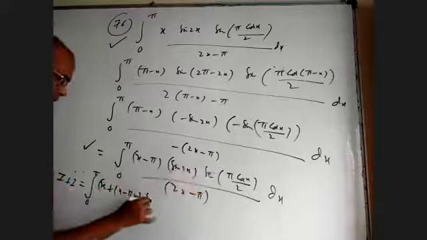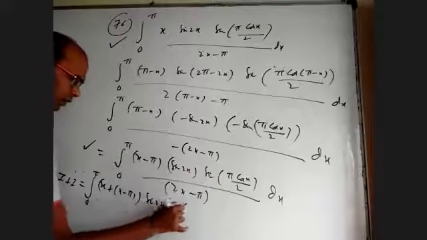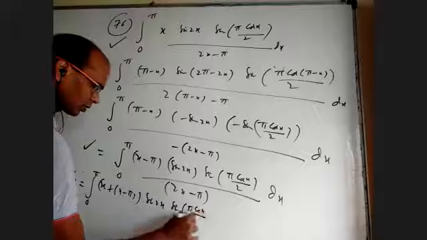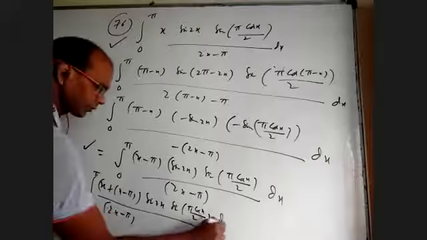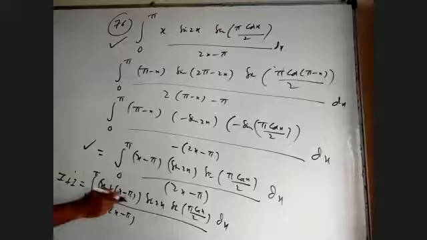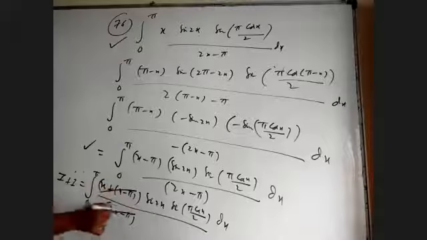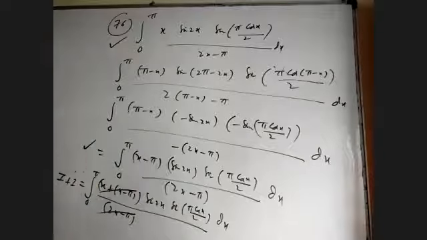This part is common, sine 2x, sine pi cos x by 2 by 2x minus pi dx. You can see this also 2x minus pi, this also 2x minus pi can cancel. I got some expression. What to do with that, we'll see.